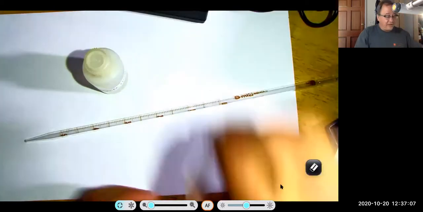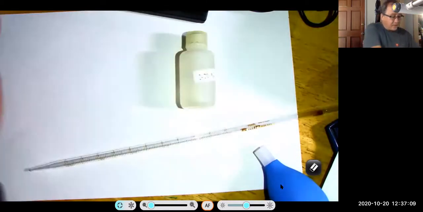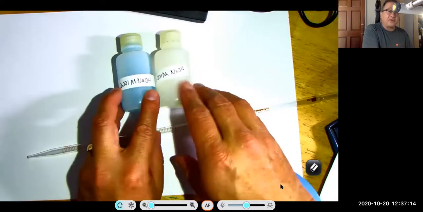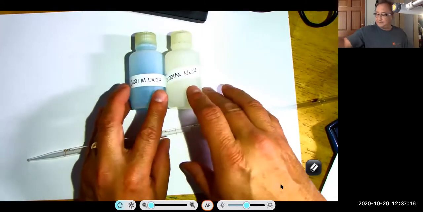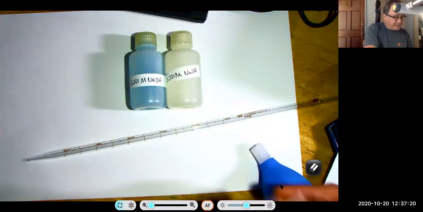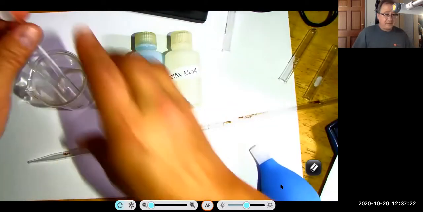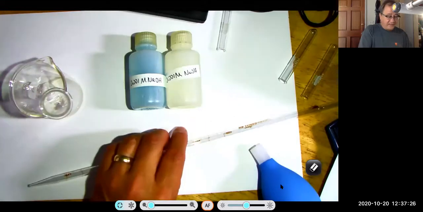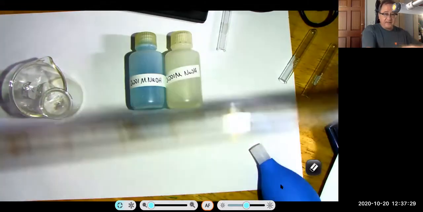Okay, so here you can see the solution I'm going to dilute with and the original solution, and they both are 0.01 molar sodium hydroxide. Here you can see the test tube that I'm going to put this into. There it is. And here you can see the pipette.